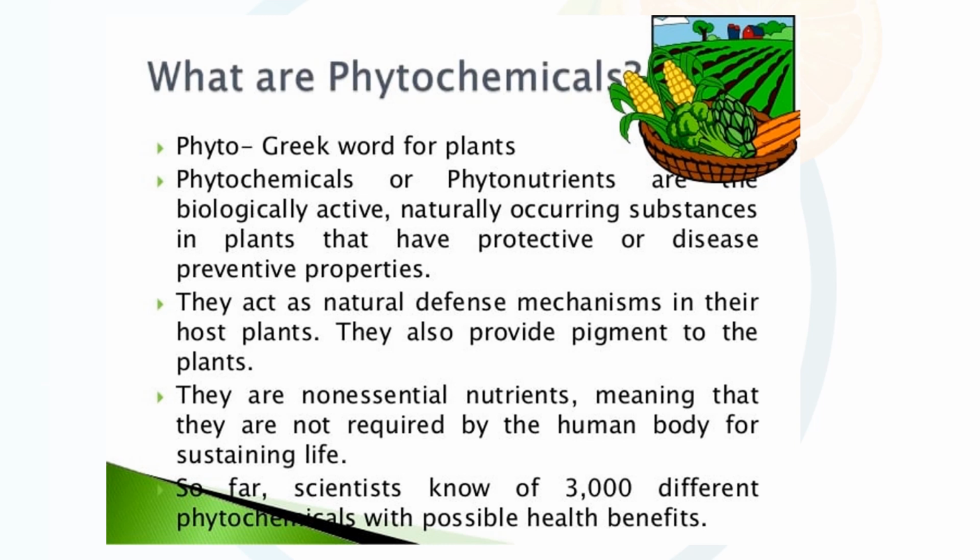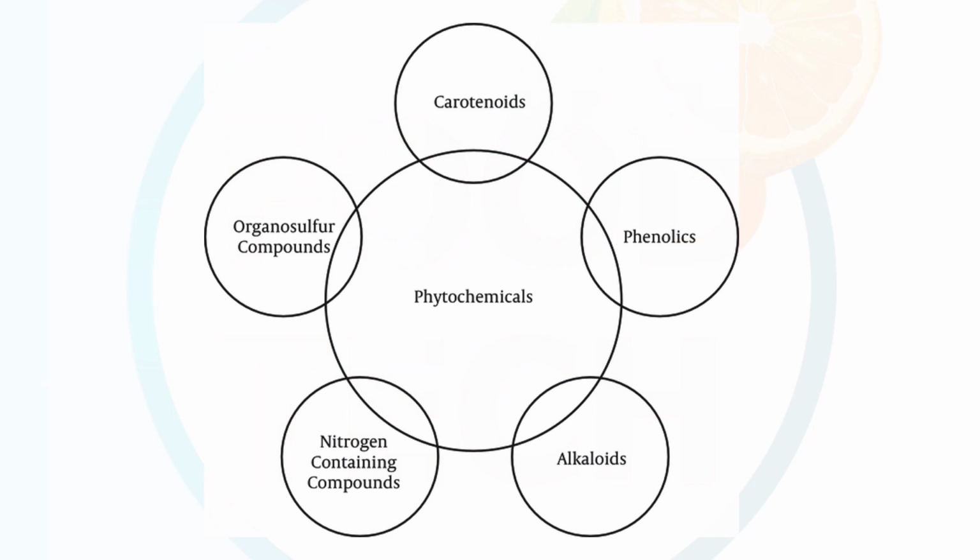They are used as pigments, and there are about 3,000 health benefits of phytochemicals related to our body. Phytochemicals include carotenoids, phenols, alkaloids, nitrogen-containing compounds, and organosulfur compounds. These are some examples of phytochemicals.